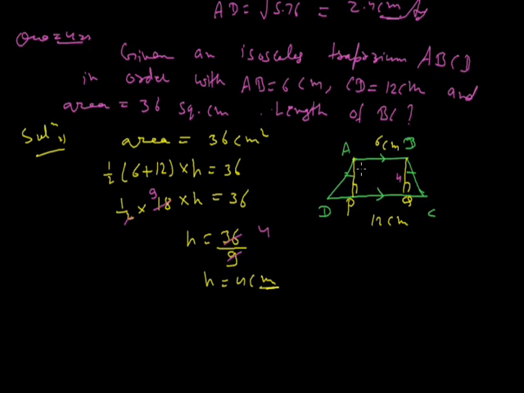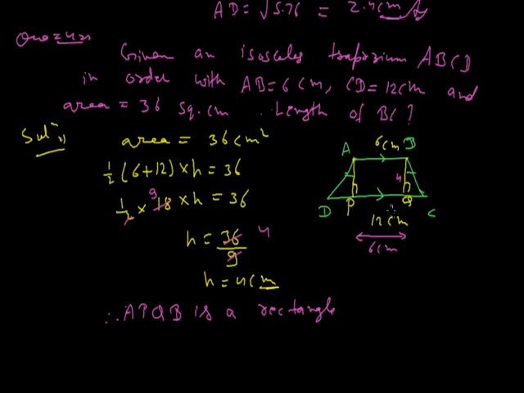This is 4 centimeter. Now this is my perpendicular 90 degree. This is again perpendicular. So APQB will become a rectangle. APQB is a rectangle. Alright. So that's why the length of PQ is 6 centimeter.